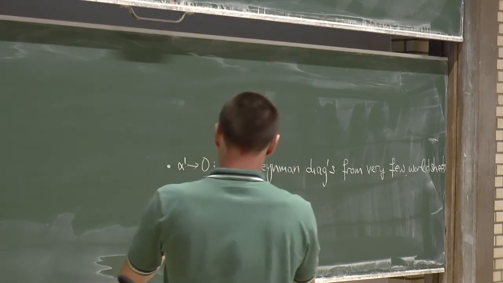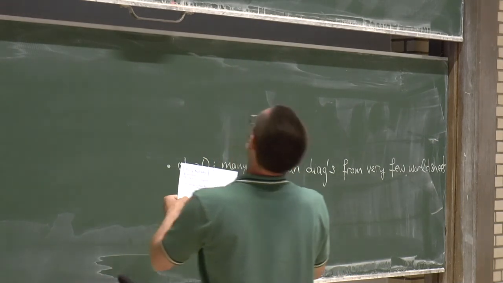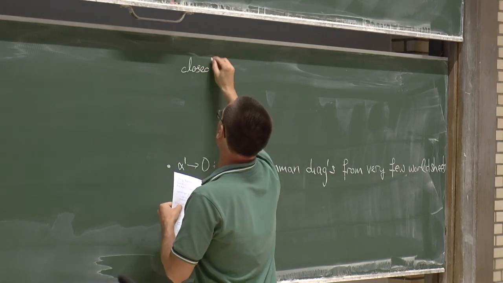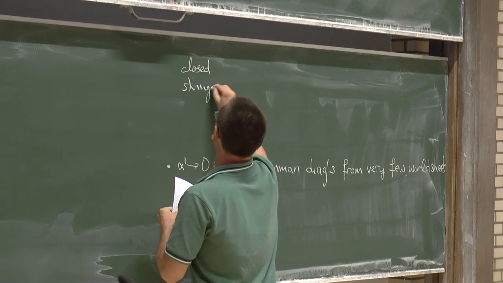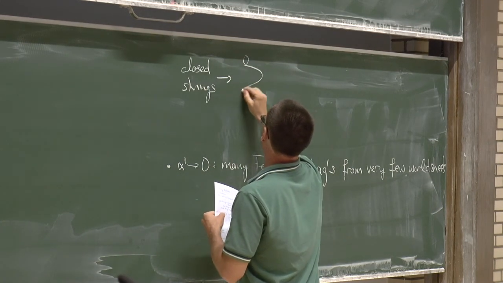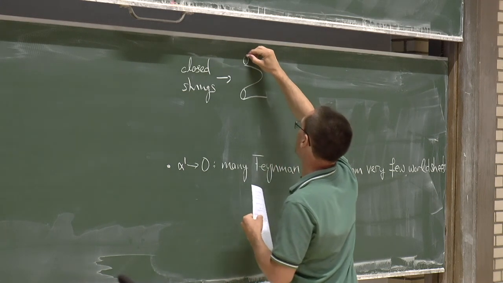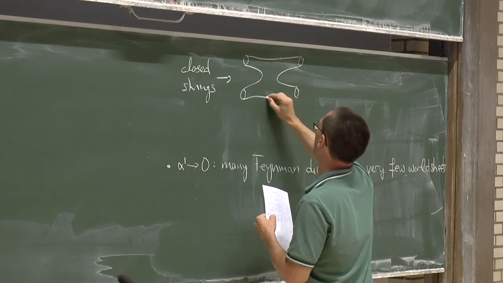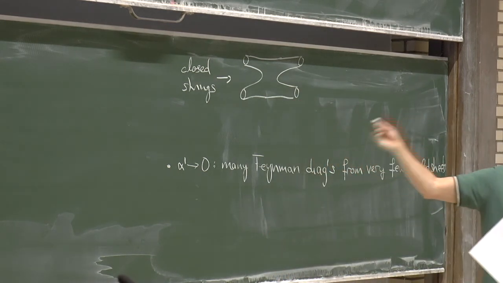Good, so this is the story for open strings, but let me also draw the corresponding cartoon for closed strings. Let's start with the same kind of intuition. Let's have the closed strings come in from past infinity, meet and go out. So this time it's not an infinitely long strip, but an infinitely long tube.